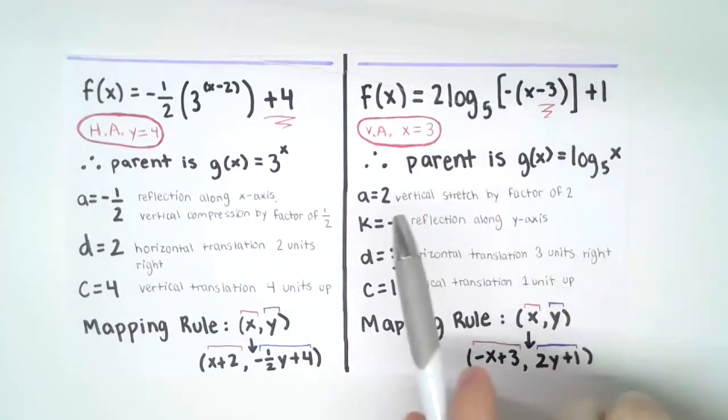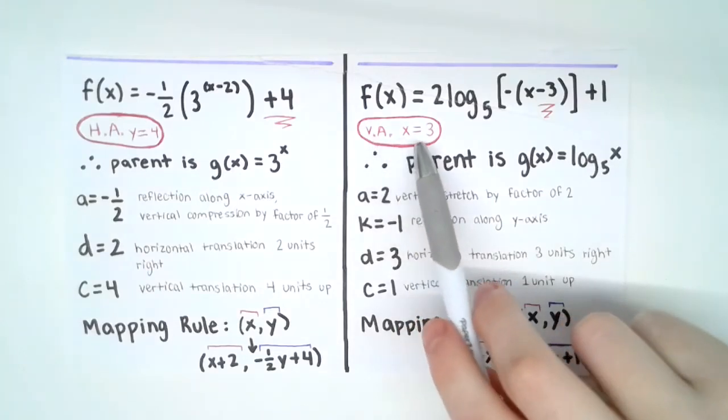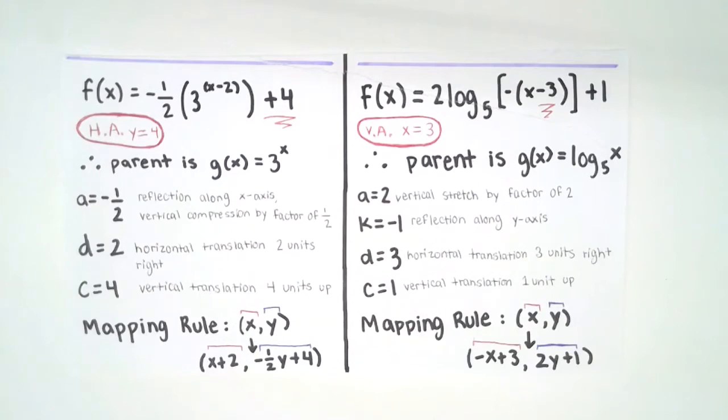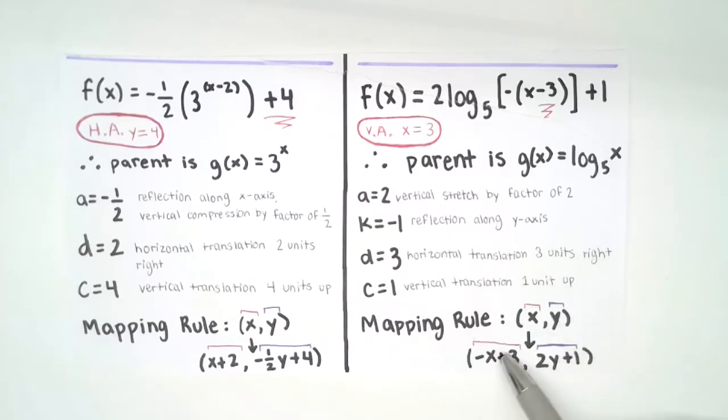That means that the new vertical asymptote is at x equals 3. And also, as you can see down here, we have the mapping rule once again. This is useful for when you're actually, this -x plus 3 would become the new x coordinate, and 2y plus 1 would become the new y coordinate.